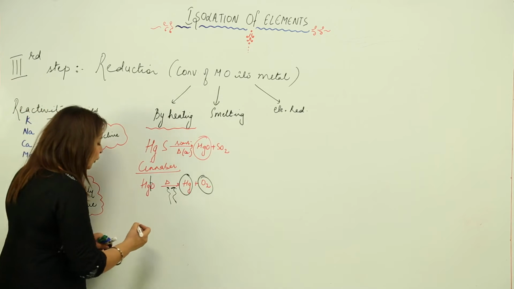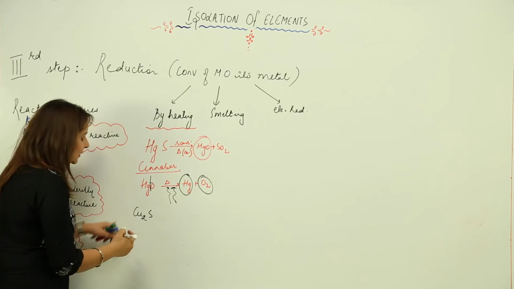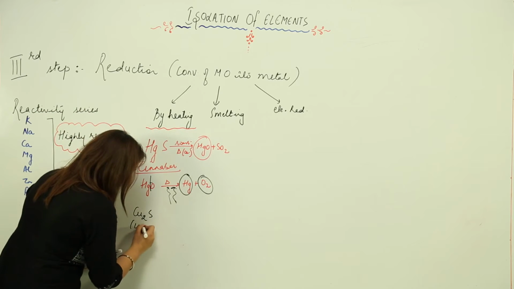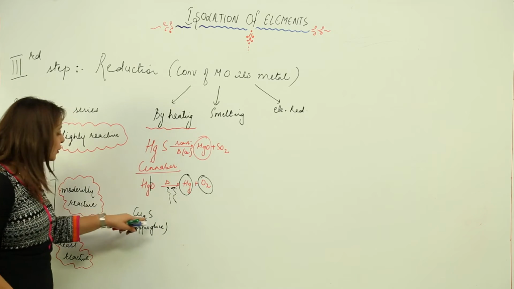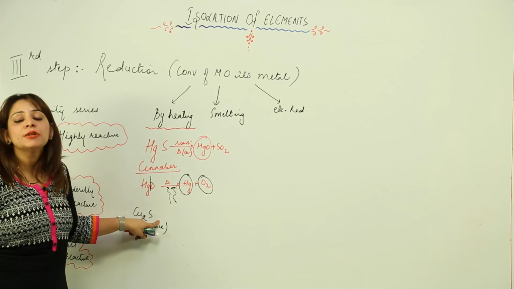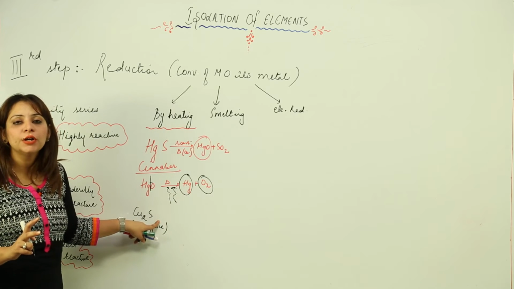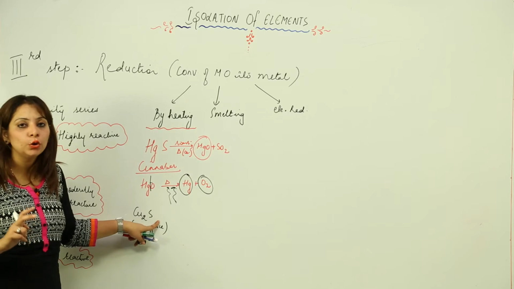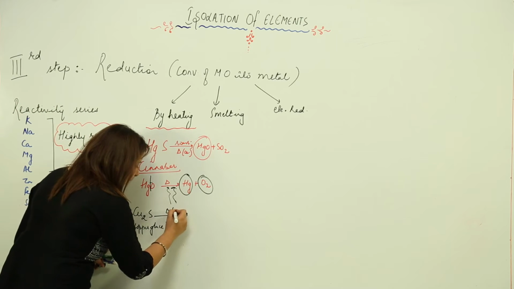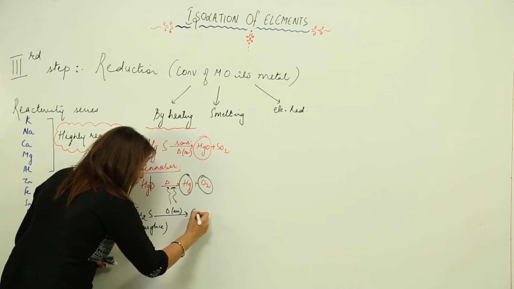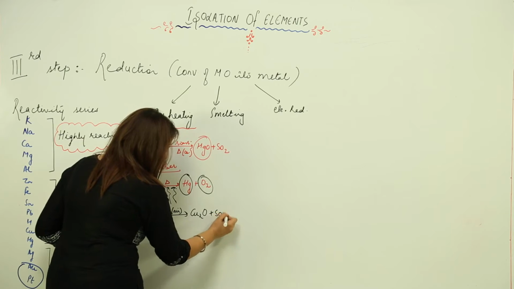Likewise we can do it for copper also. Let's say it is an ore of copper, that is copper glance. This is my copper glance ore. As you can see, it is a sulfide ore, so for all sulfide ores, in order to oxidize them, we roast them. So I am roasting it, heating in presence of air, and I get the oxide and sulfur dioxide.